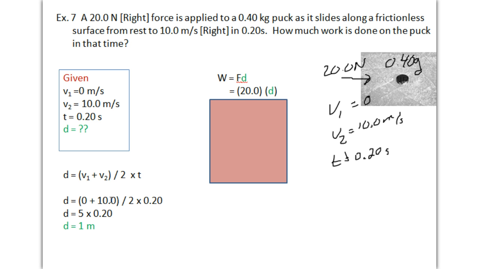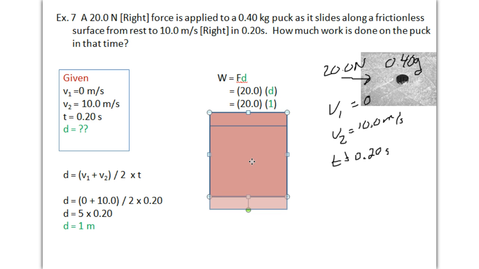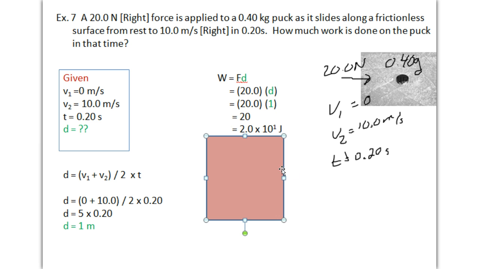So take your two velocities, add them together, multiply them by a half, or divide by 2. That's the same. And then multiply by your time. You come back with 1 meter. So here put your 1 meter back in. And you have 20 joules, or 2.0 times 10 to the 1 joules.